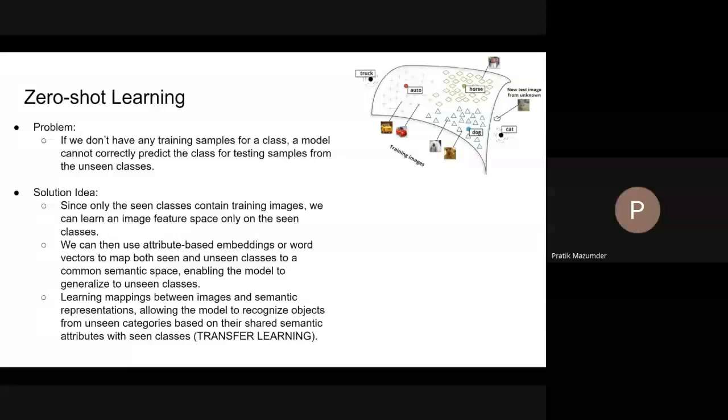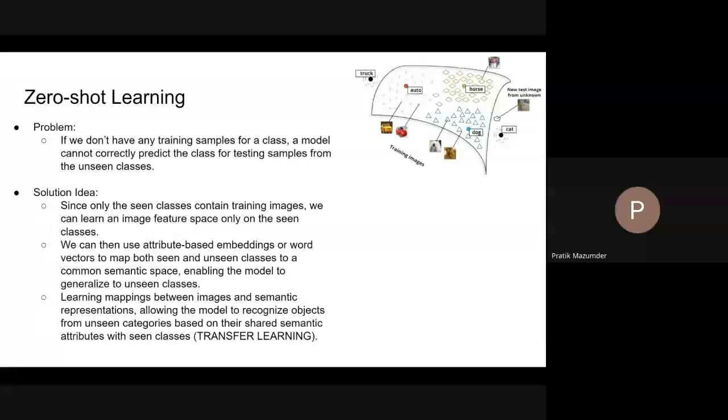So we'll try to learn a common feature space where similar images will be close to each other in that embedding space, as well as similar text will be close to each other in that common embedding space. So you are learning two different modalities, one based on images, one based on text embeddings, and you're learning a common embedding utilizing both of these feature spaces.